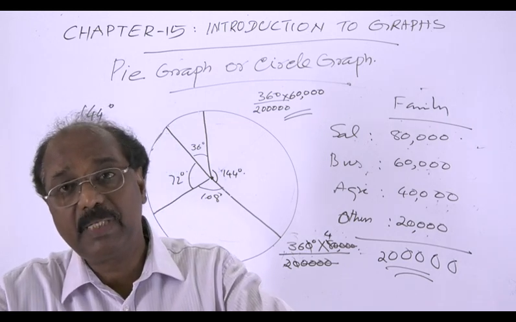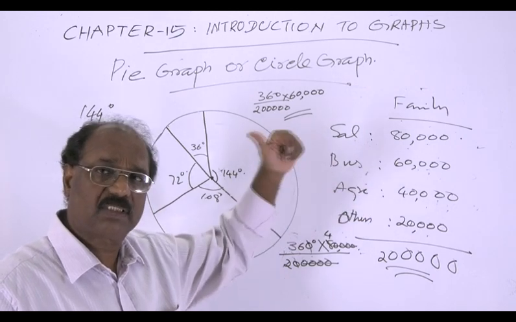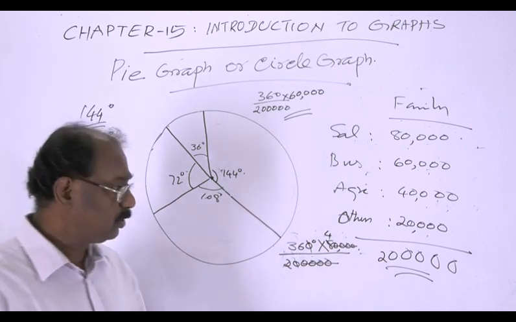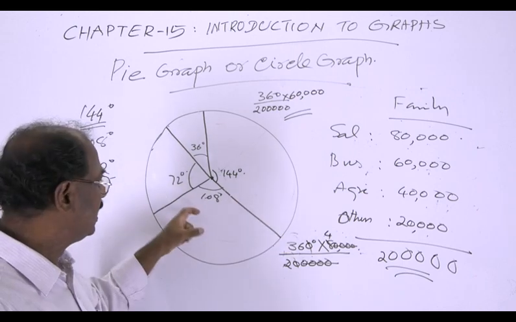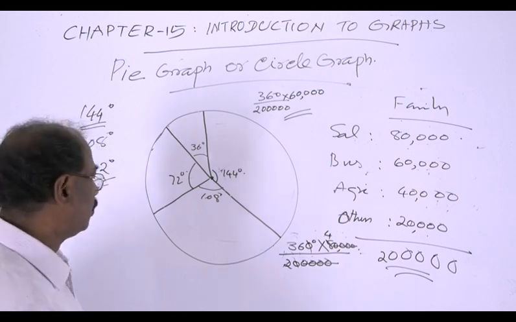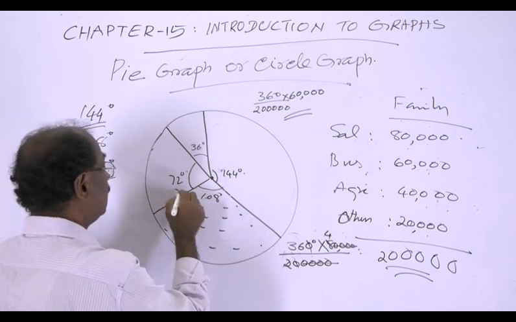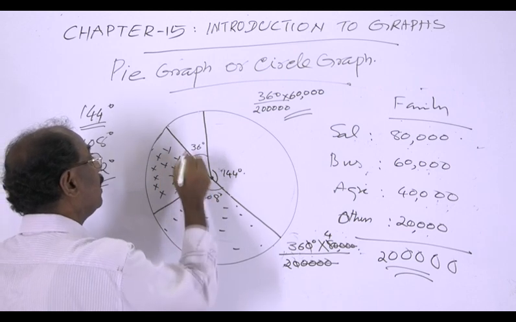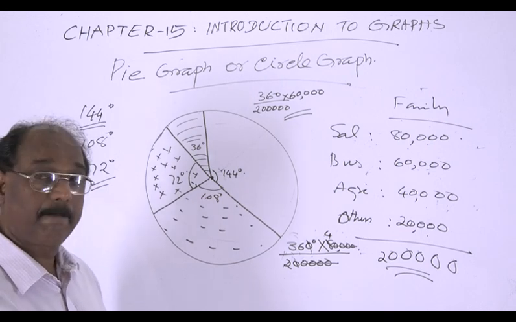If there are more families, similarly we can draw different circles. Usually, to distinguish the subdivisions from each other, we give different shadings to the sectors.